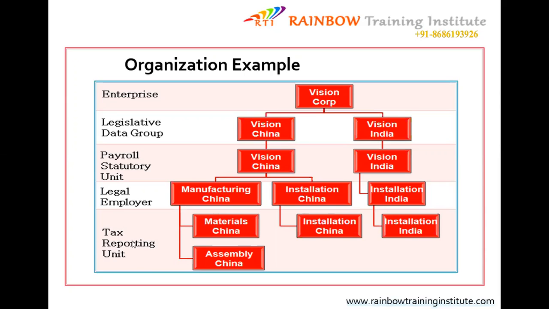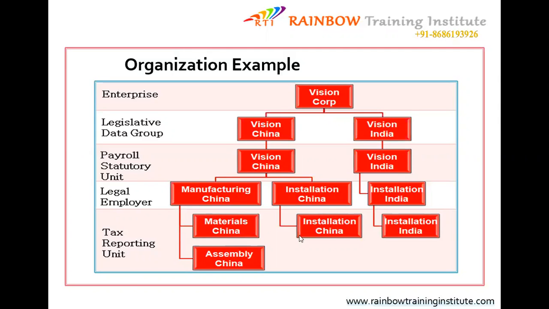If you have the tax registrations, so if you register with the income tax department with the name of materials China, let us say under manufacturing itself, they want to do the tax reporting in two entities, like materials separately and assembly separately. So this is a kind of paying the tax and reporting the tax for the government.